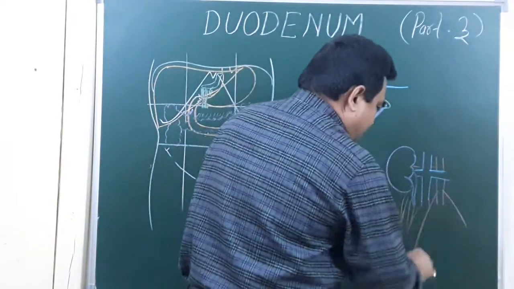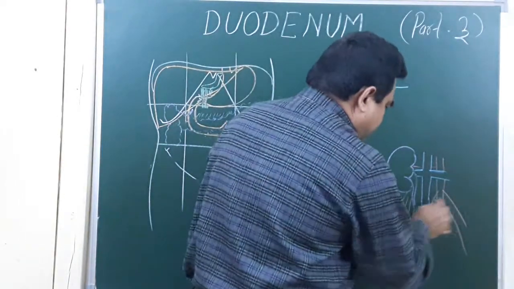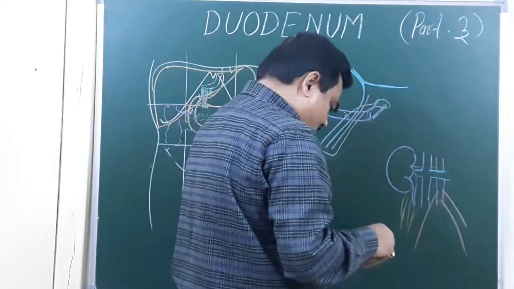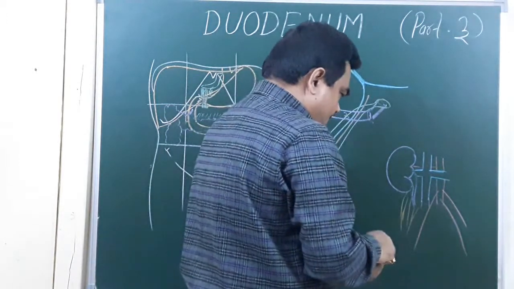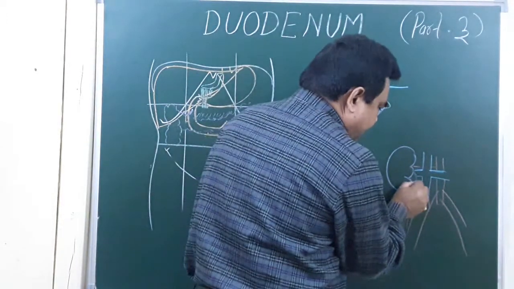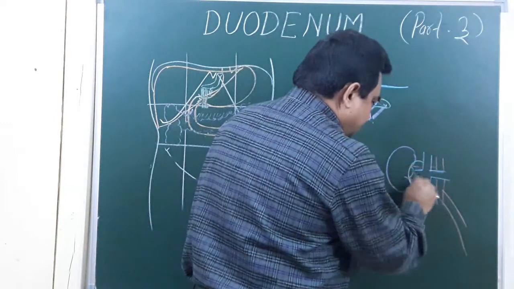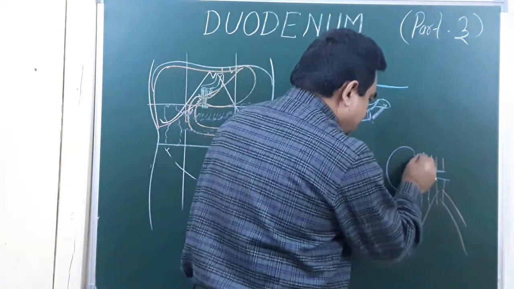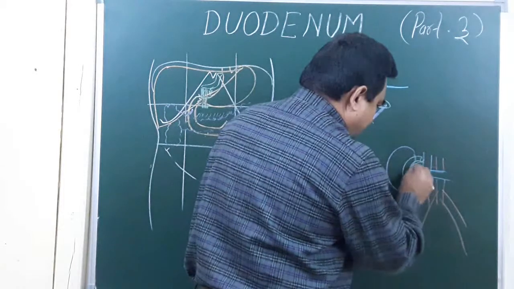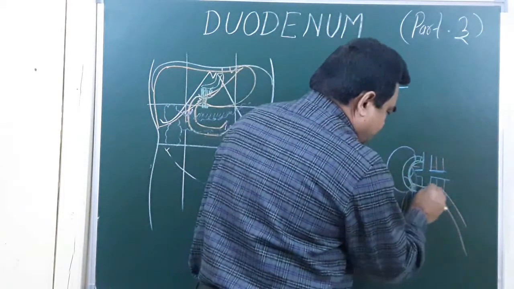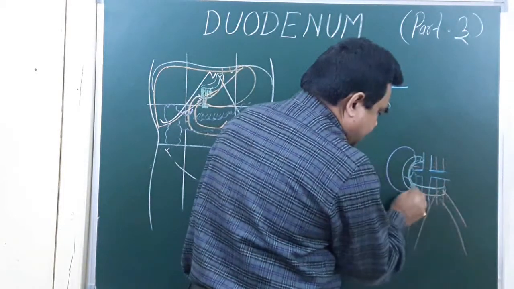Here is the gonadal artery, here is the inferior mesenteric artery. From here to here is the second part, and from here to this part is the third part.